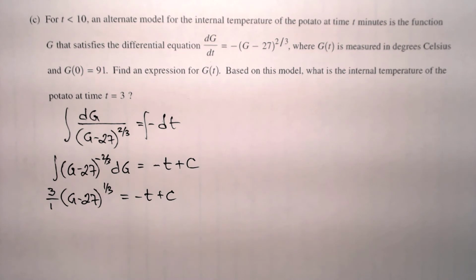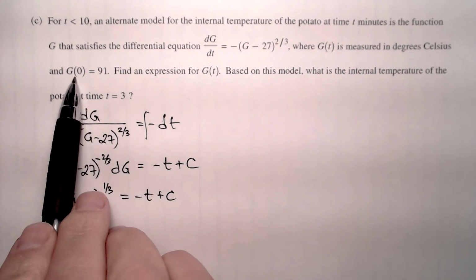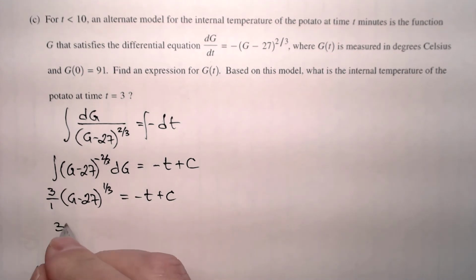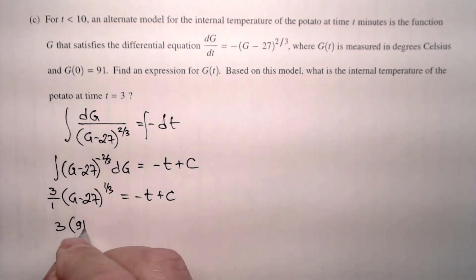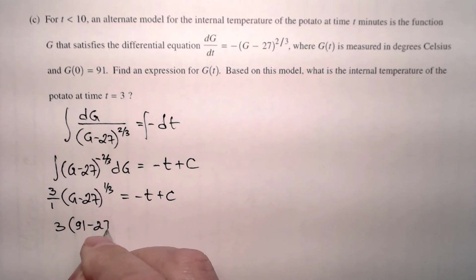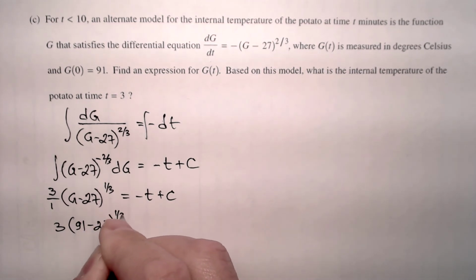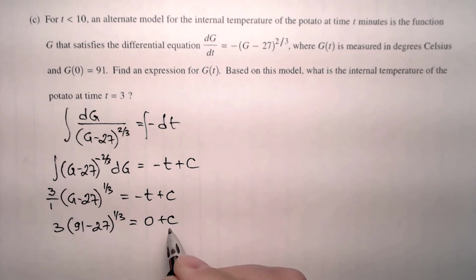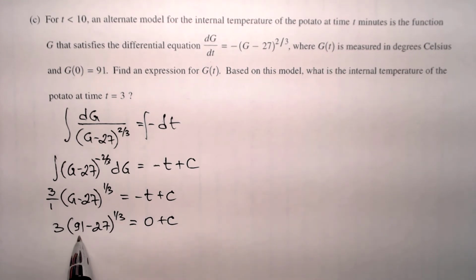Let's plug in the initial condition, which is g of 0 equals 91. So 3 times (91 minus 27) to the power 1/3 equals 0 plus c. And 91 minus 27 is 64.